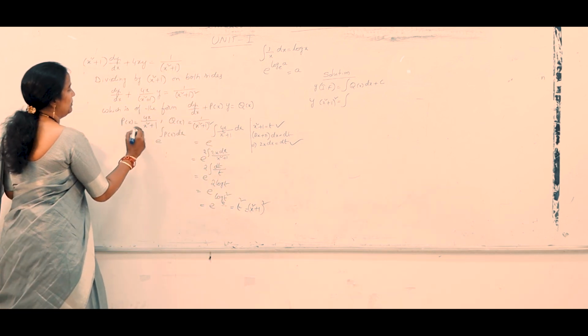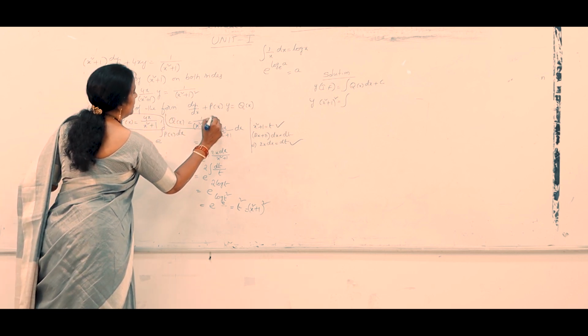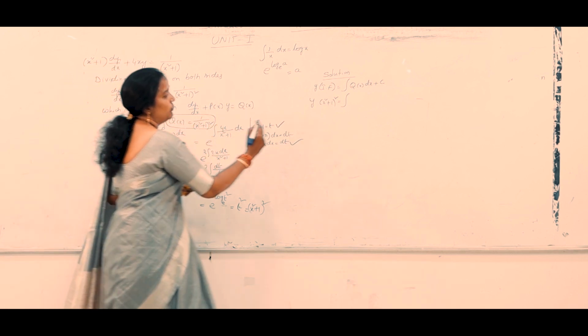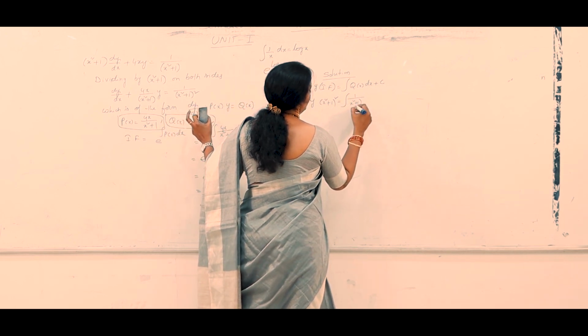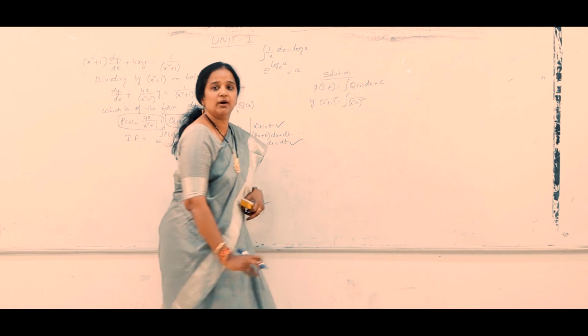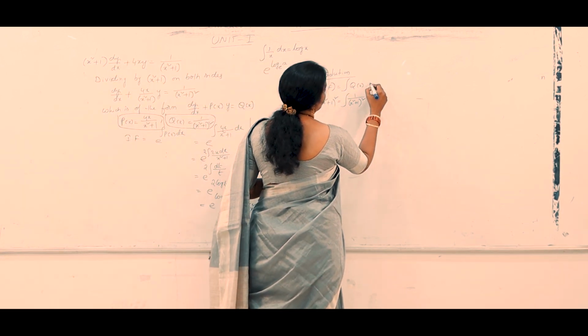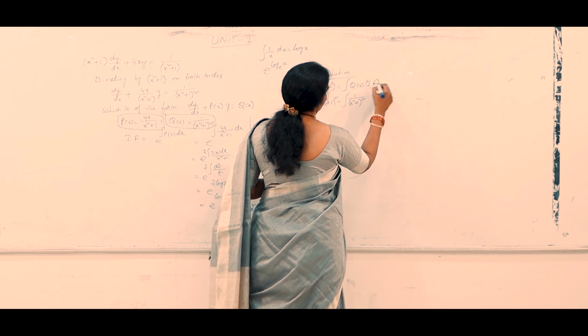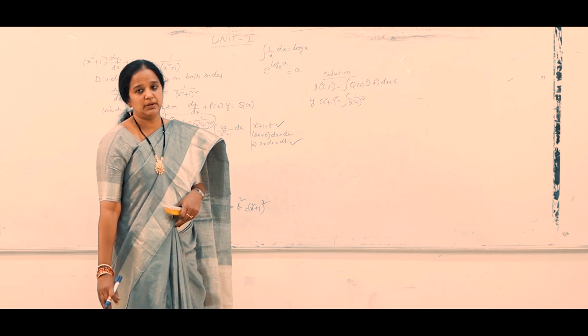This is p value and this is q value. What is q value? 1 by (x square plus 1) whole square. This is q of x value. q of x into IF dx plus c. That is the solution formula.